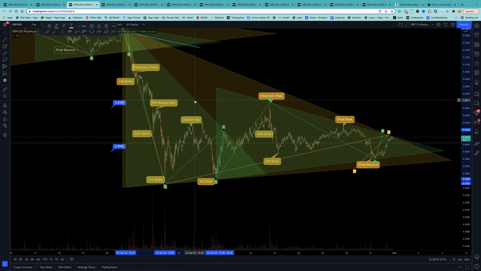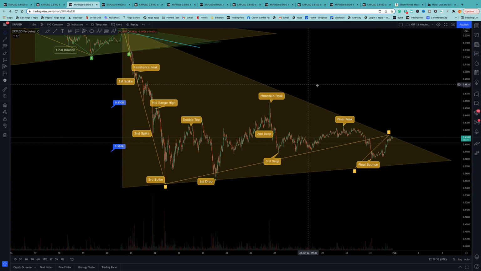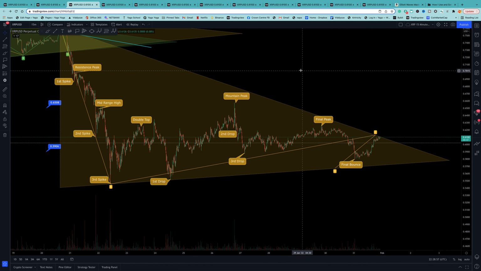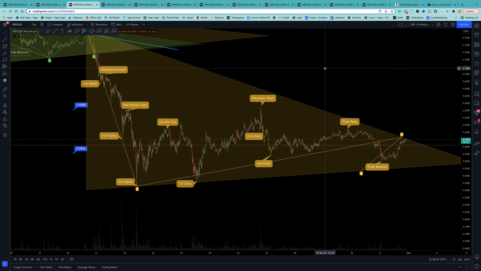I'll get rid of these two 5s out of the way. Okay, so let's say we're looking again to do a short here, and to look for hitting take profit here or take profit here.